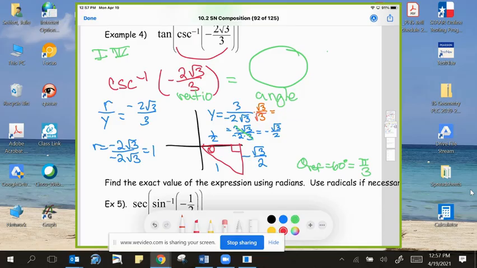Now, to be in quadrant 4, we need to call this angle negative pi over 3. It is 5 pi over 3, yes, but remember, we want those angle measures between negative pi over 2 and positive pi over 2. So we will use that negative angle measure.